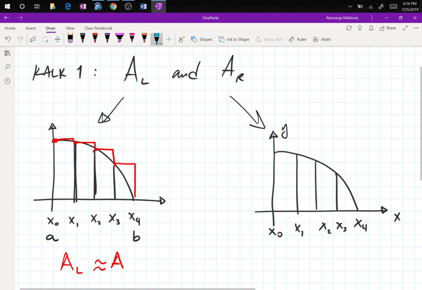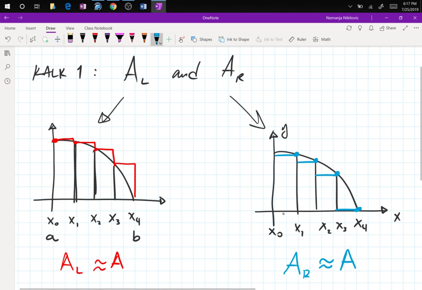But now you went to the right and drew these rectangles. You see that in the blue case, the fourth rectangle is actually 0 area because it's all the way on the floor.